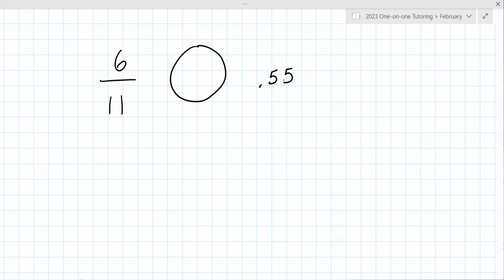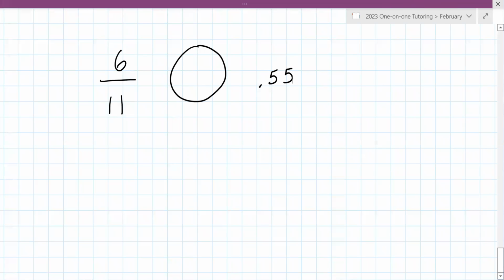So go ahead and try this one. I would again recommend making it into a decimal. Yet again, it's 5 repeating. Not this one. No, wait, hang on.